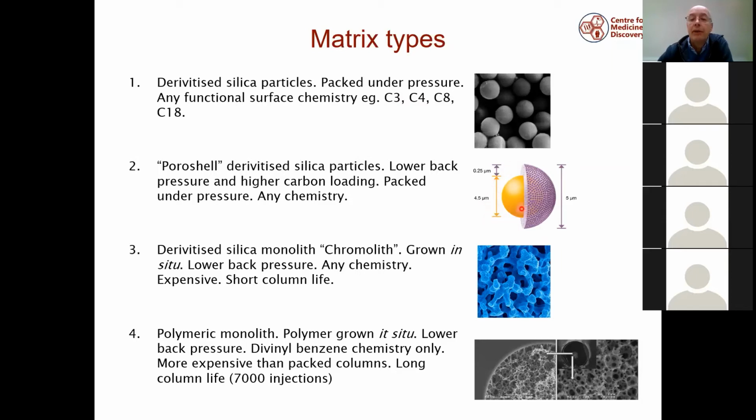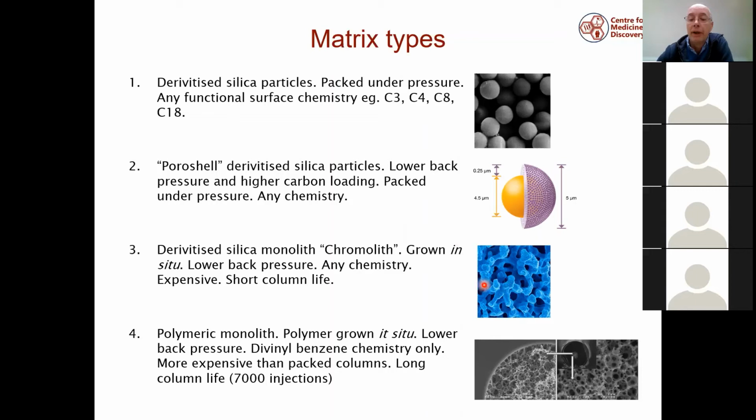This design of particle is where you have a solid core and then a porous shell around it. And you have the derivatization chemistry on this porous shell. What it means is this has less resistance to the flow and therefore lower back pressure, which means you can do faster separations. Another way of doing faster separation is a column which is described as a monolith. So this is also silica.